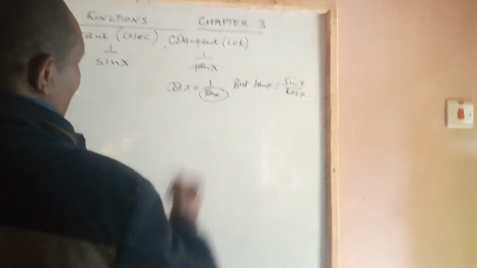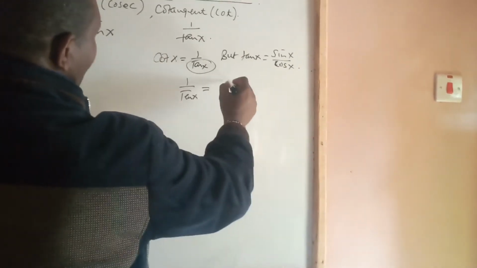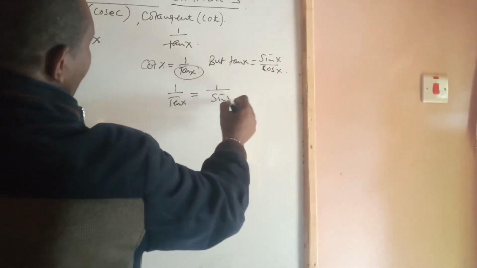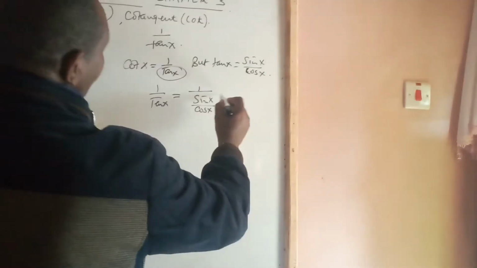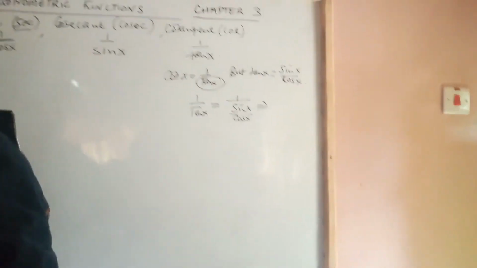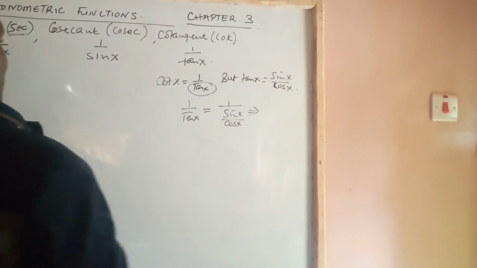This we have been knowing primarily, and therefore 1 over the tangent of x is the same as 1 over sine x over cosine x, meaning that when you divide a number by a fraction, it is the same as multiplying that number by the reciprocal of the divisor.